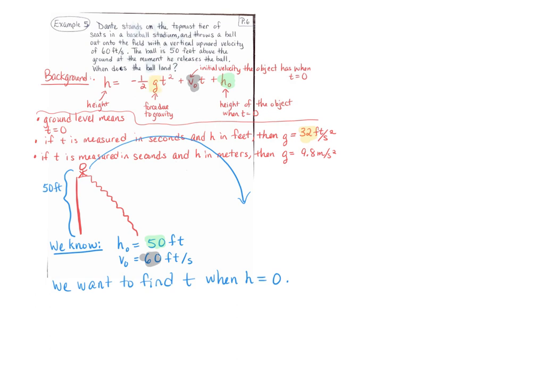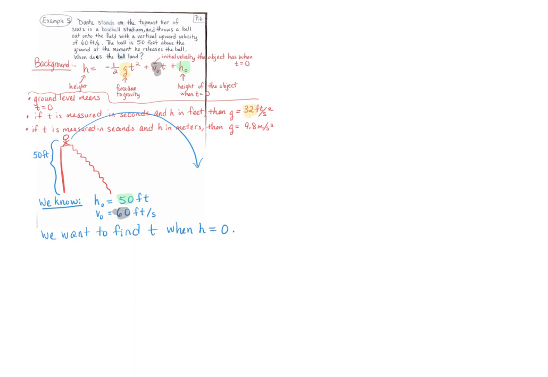Okay, so now let's write it out. So writing this out, we have that 0 is equal to -1/2 times 32 times t squared plus, we know our initial velocity here is 60, so plus 60t plus 50.